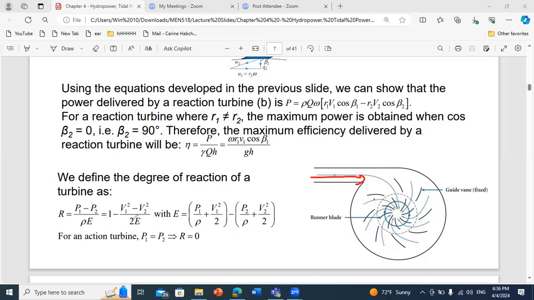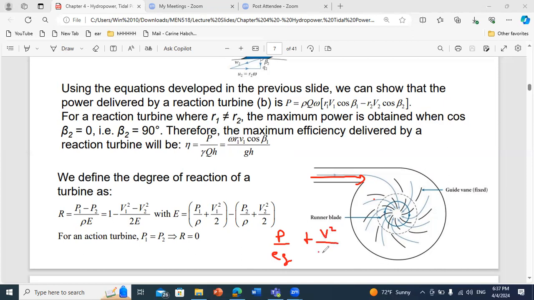Okay. Now, the degree of reaction of a turbine is given by the following relation. As we said, in the head, you have the pressure head, P over rho g, and you have the kinetic head, V square over 2g.